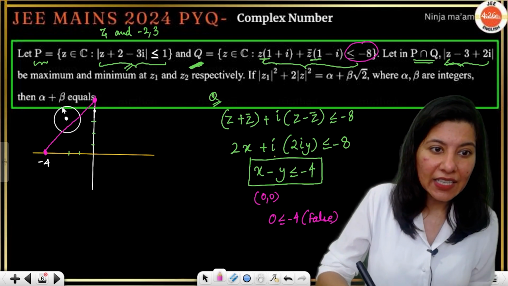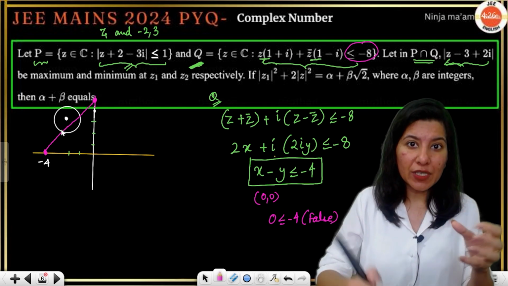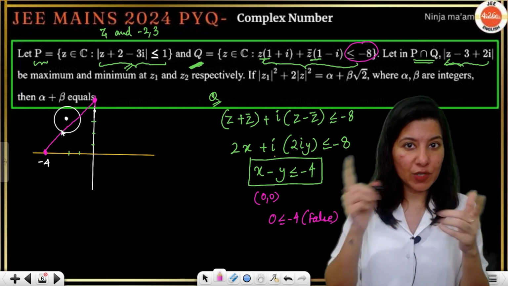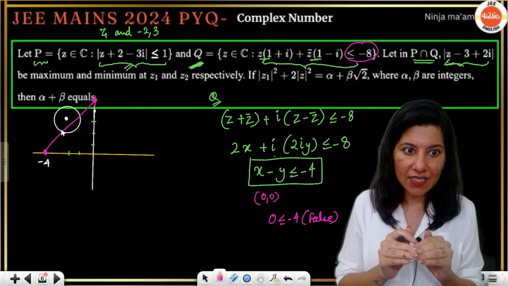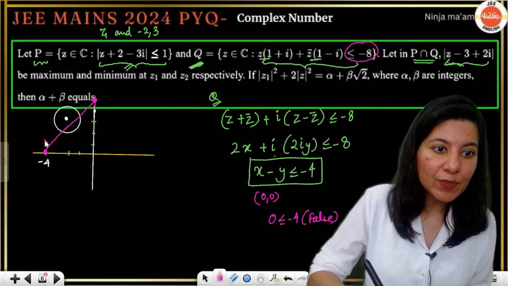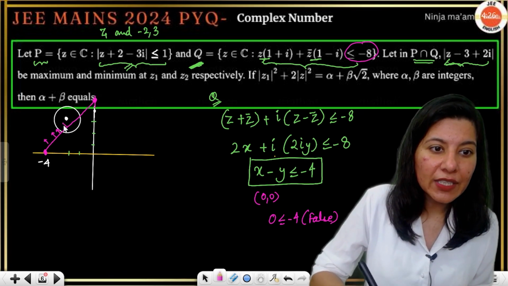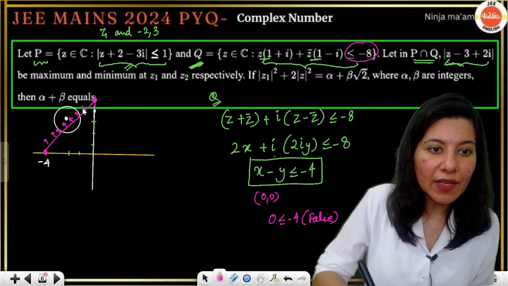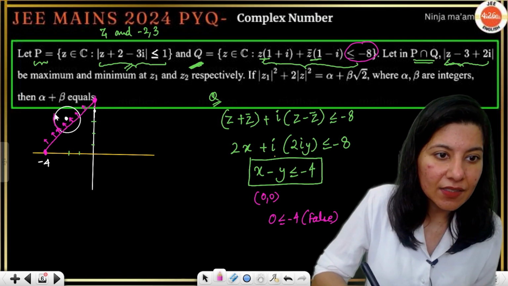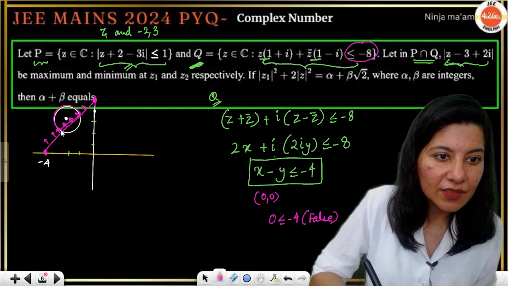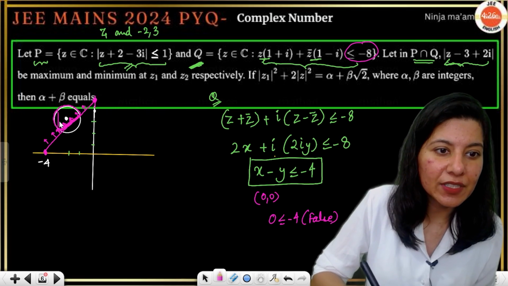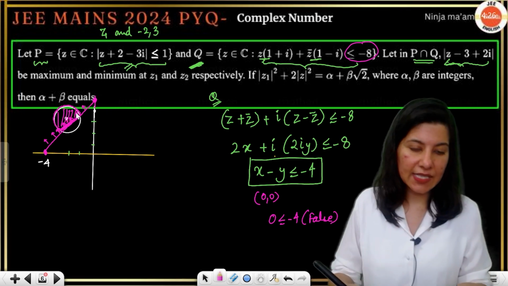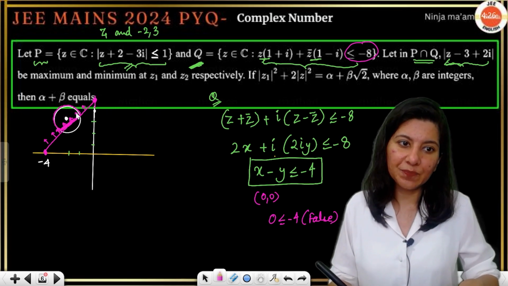So finally, the common portion of P and Q, because P is on and inside the circle, and for the line I am talking about only this region. So clearly the common region, if you check now, will be this portion of the circle. This is the common region. Understanding? Clear?